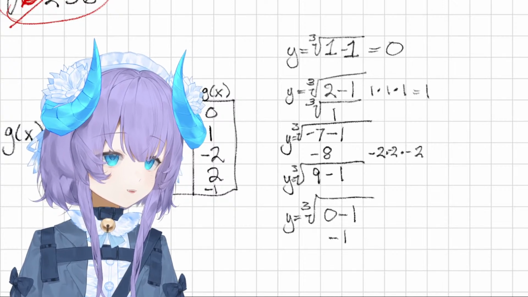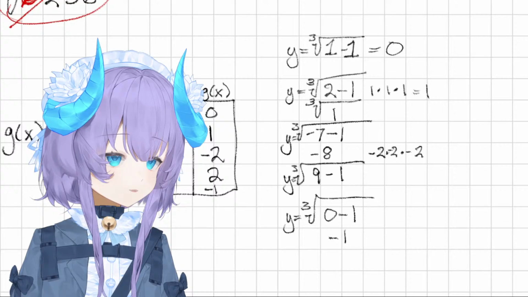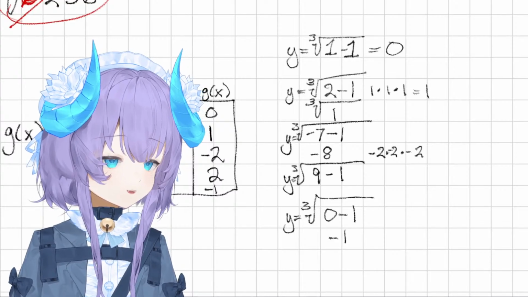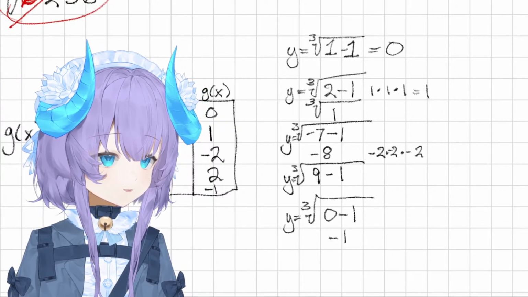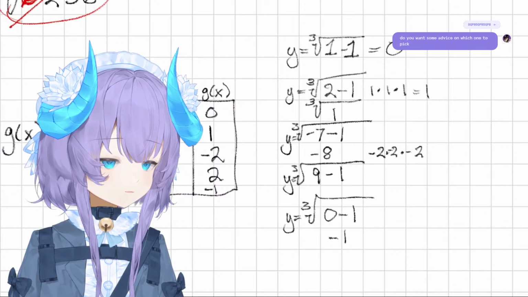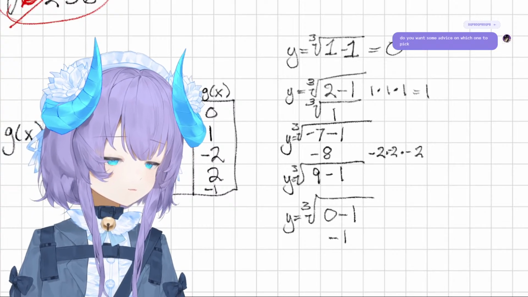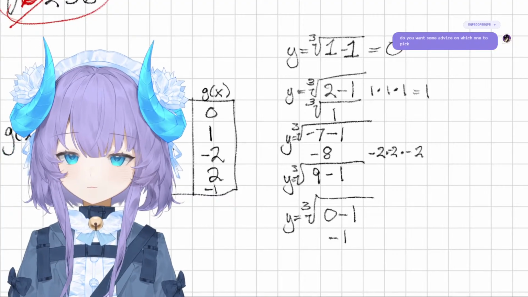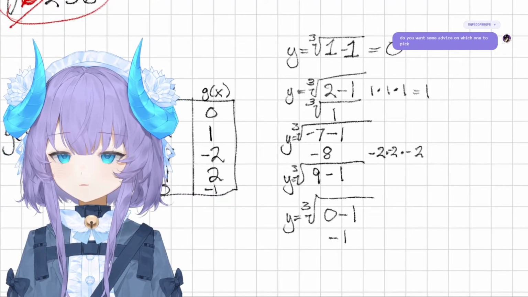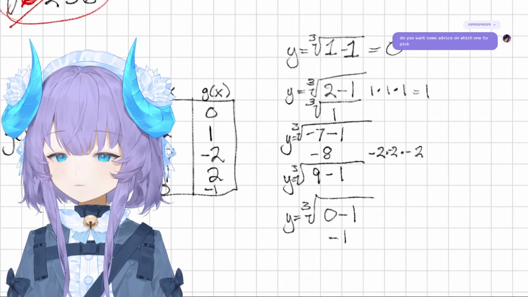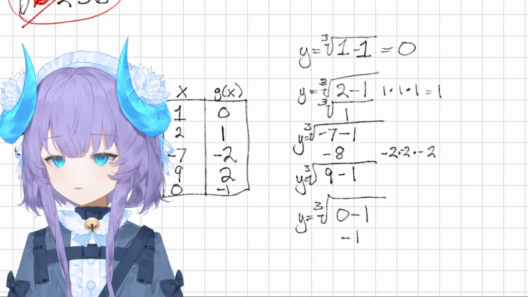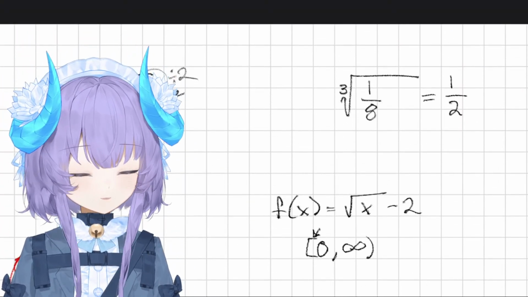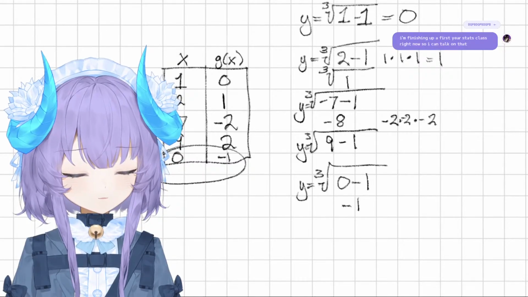We've got 0 and -1, so let's look for that. I think it's gonna be C. Yeah! I got it. I just went to the one that had 0 and -1 on it, because it's the easiest one to find, right?